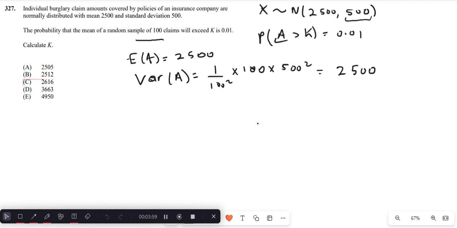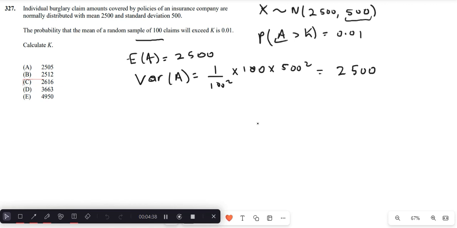Now bear in mind that if A was defined as the average of 200 of these identical claims, the variance of A would be 1 over 200 squared, multiplied by 200, multiplied by 500 squared.